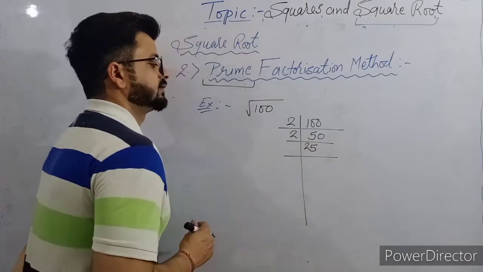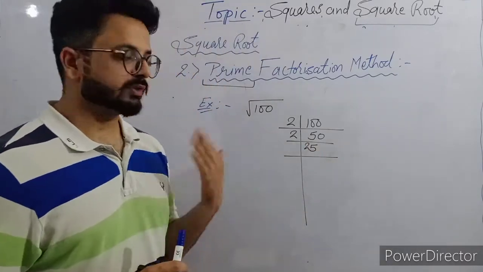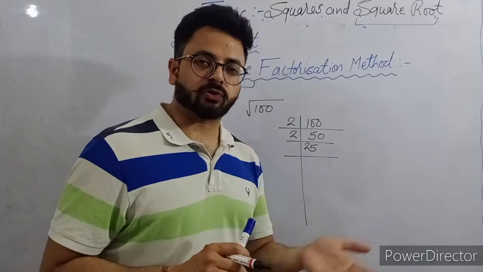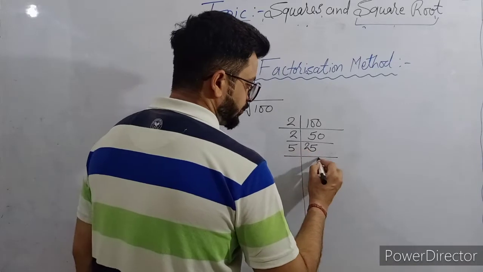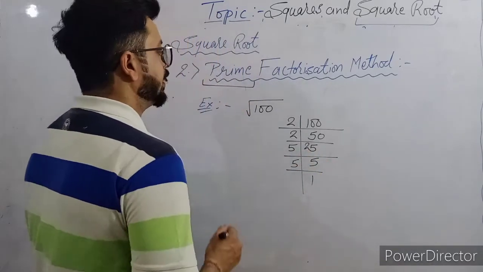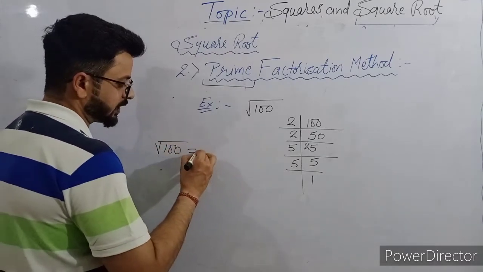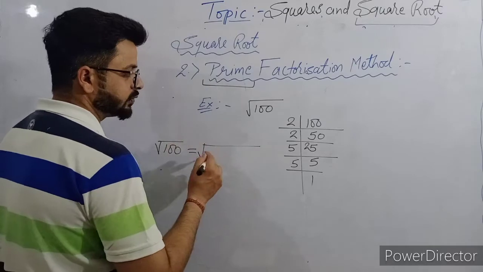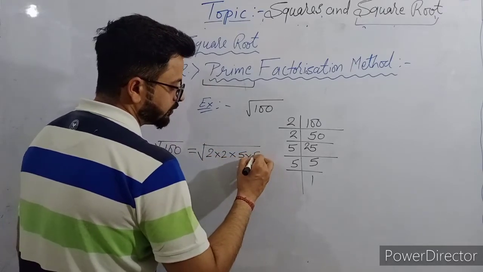Now this number is not divisible by 2, by 3 also not divisible, by 4 also not divisible. By 5, 5 times. Now again by 5, 1 time. Now this root 100 we can also write as root of 2 into 2 into 5 into 5.